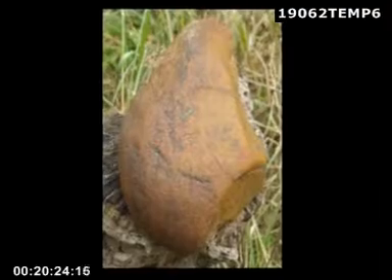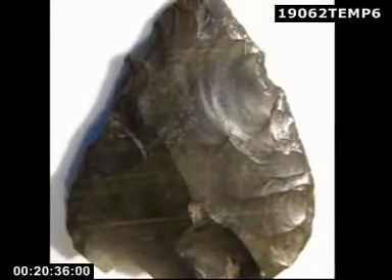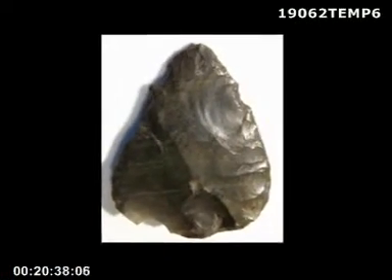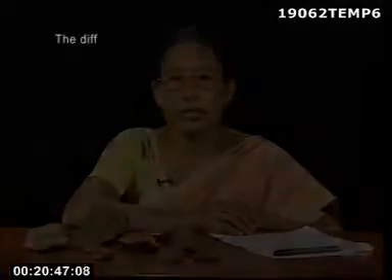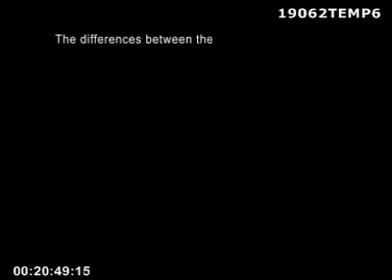Moreover, the patination of the flaking scars is uniform in the case of man-made tools, but different patinations are found in the naturally made LS tools. Above all, there is a regular shape pattern in the case of man-made tools, but it is irregular in the naturally made LS tools. Thus, we may summarize the differences between the man-made tools and the naturally made LS tools in a tabular form as below.